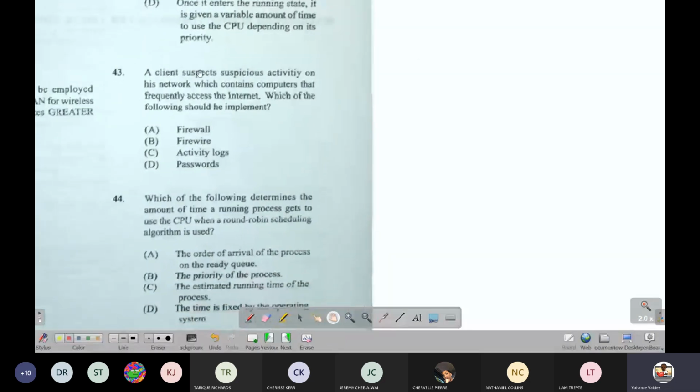Question 43: a client suspects suspicious activity on his network, which contains computers that frequently access the internet. Which of the following should he implement? The key words here are suspicious activity.